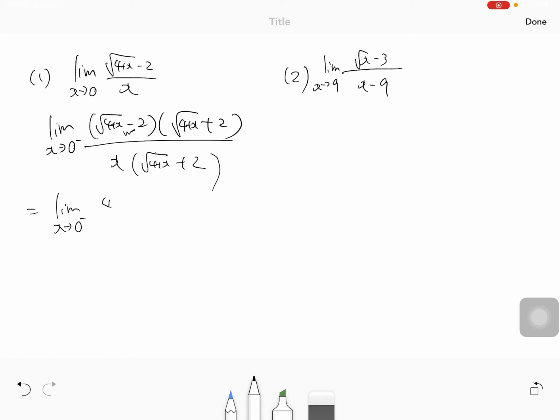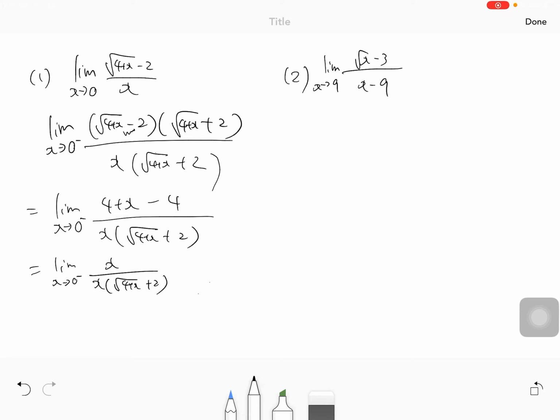It's going to be 4 plus x negative 4 over x times square root of 4 plus x plus 2. And then limit as x approaches 0 from the left side, x over x times square root of 4 plus x plus 2. Actually, you can cancel out this one.